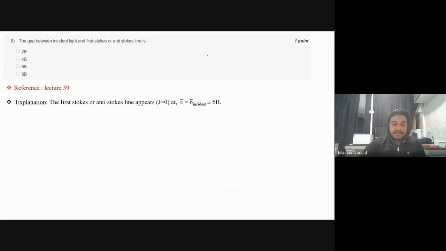The first Stokes or anti-Stokes line appears at nu bar equals nu incident plus minus 6B. Why 6B? Because I have said that your nu bar depends upon nu bar excitation or incident plus or minus 2B into (2J plus 3). This is the formula.